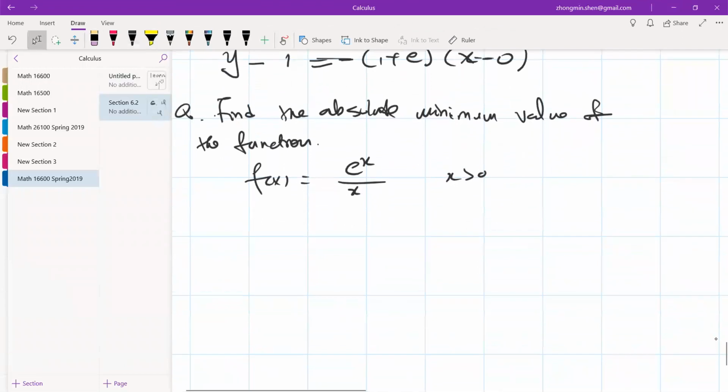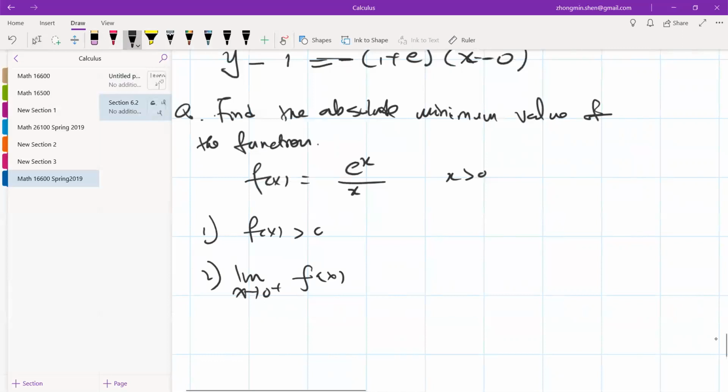But why does this function have an absolute minimum value? First of all, we see that f(x) is positive; the graph is above the x-axis. Second, I need to know what happens to f of x when x approaches 0. The numerator approaches e to the 0, which is 1.